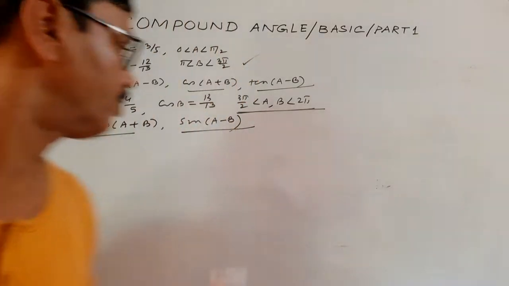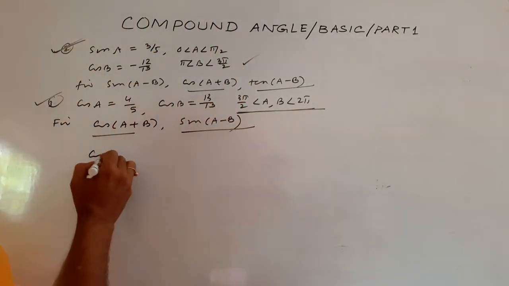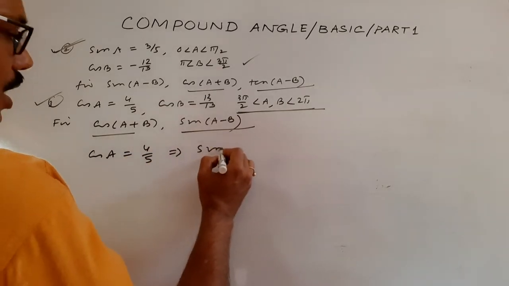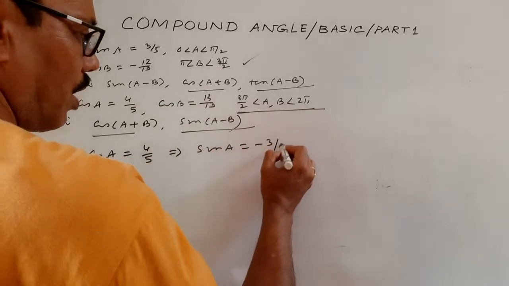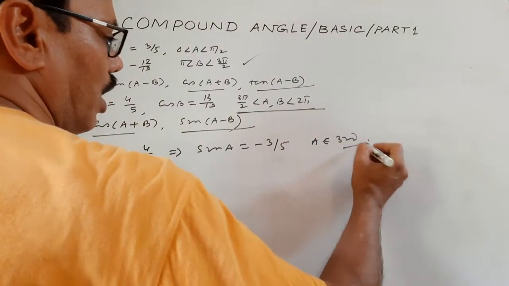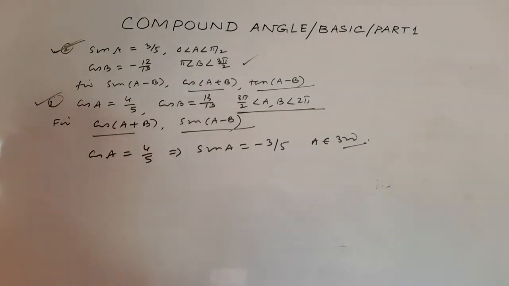Exactly the same. So cos A equals 4 by 5 implies sin A equals minus 3 by 5. So A belongs to the third quadrant, that is why it is negative.